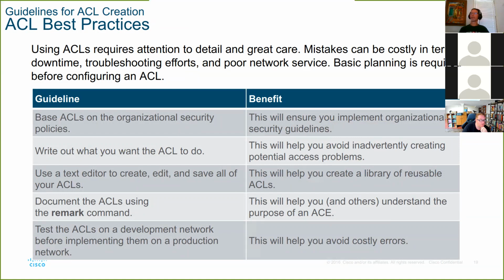They don't have to reverse engineer my logic and figure out what I was trying to do. So I do it in a text editor. Use a text editor to create, edit, and save all of your ACLs. If you only do one of these best practices, this is the one.